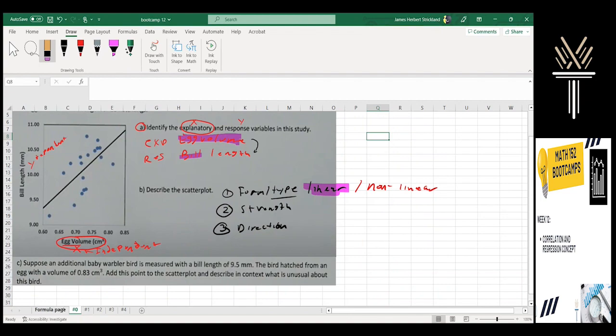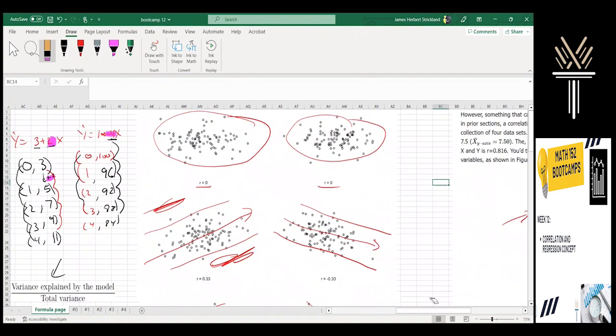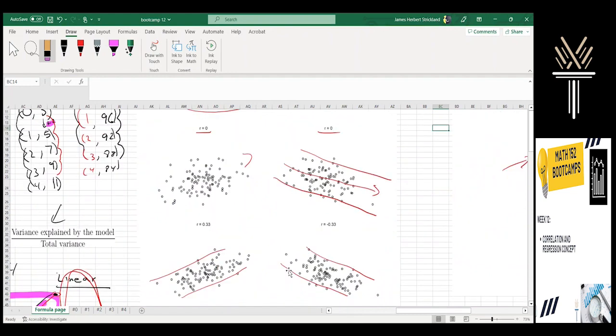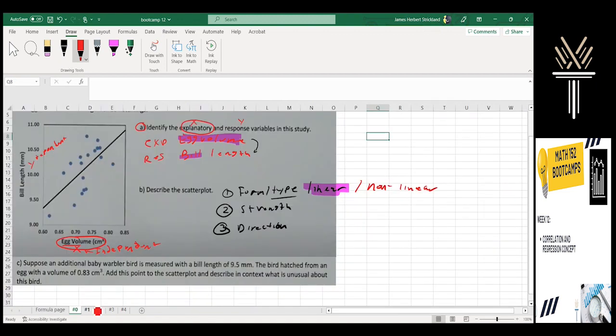Obviously, we don't have a number, but if we went to our rough sketch of the drawings here, you can hopefully agree that it's somewhere between 0.3 and 0.6. It looks like it's between one of these two, probably closer to this example, but that's just rough sketching without an actual number.